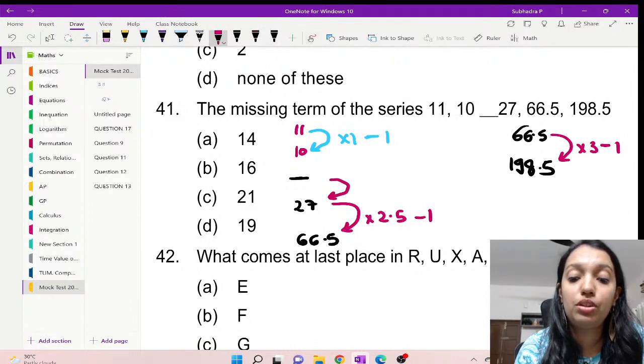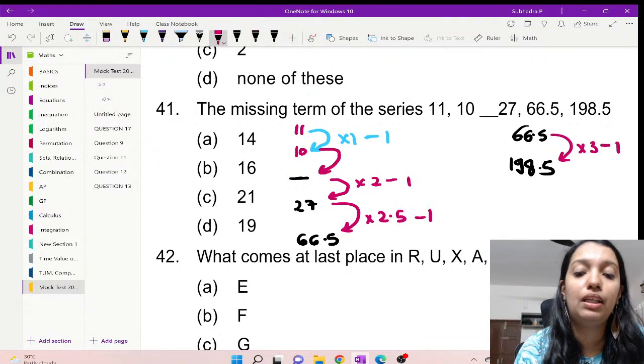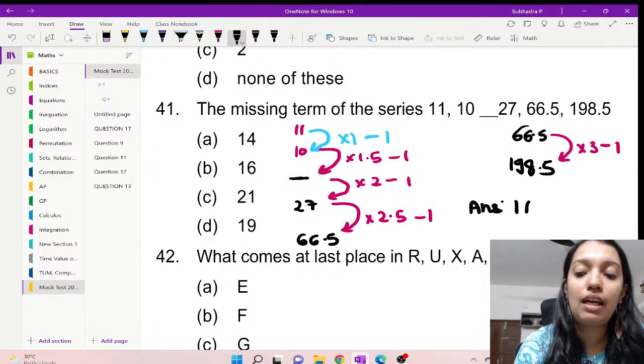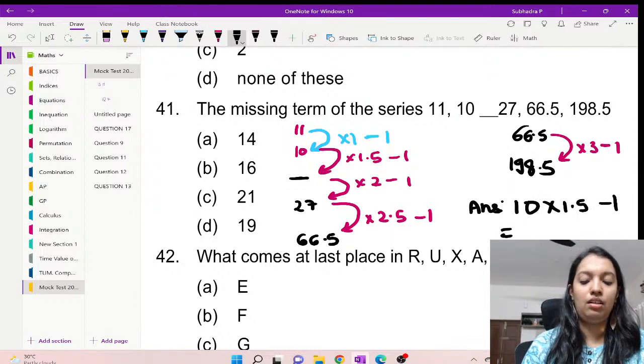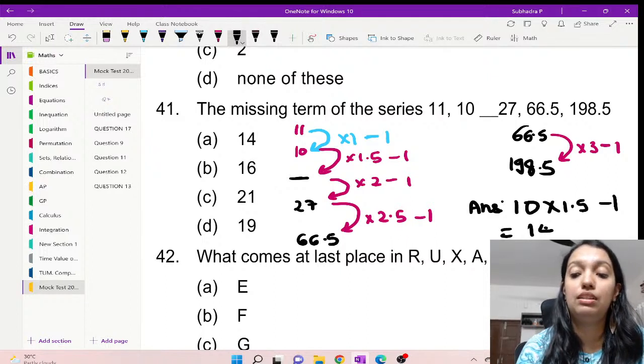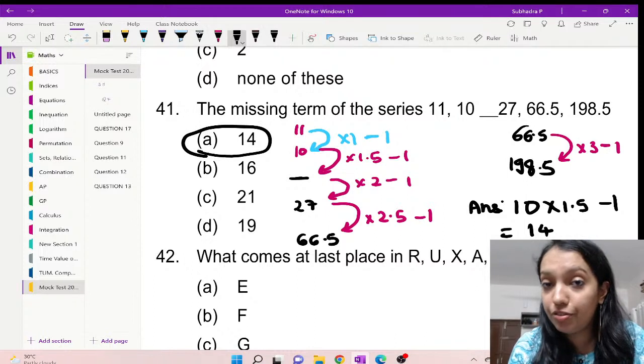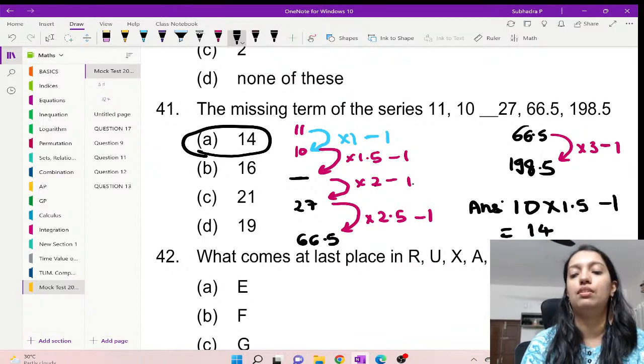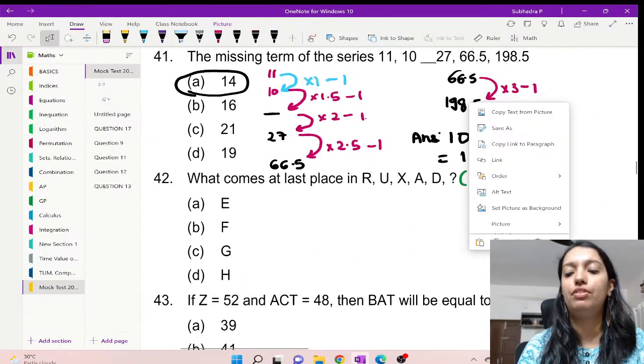That means what should this happen? Into 2 minus 1. What should this become? Into 1.5 minus 1. So your answer for this question, 10 into 1.5, 15 minus 1, your answer is 14. Cross verify whether 14 is correct. For next, 14 into 2 minus 1, you will get 28 minus 1, 27. So this is the answer for 41st question.